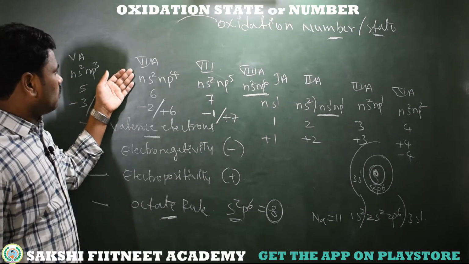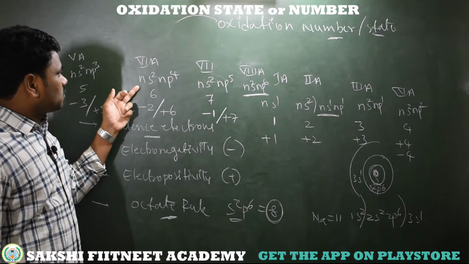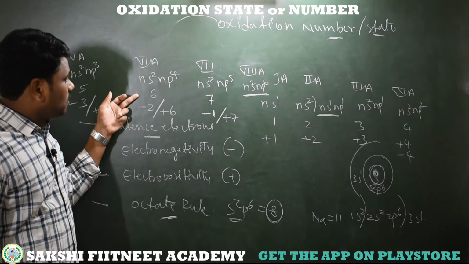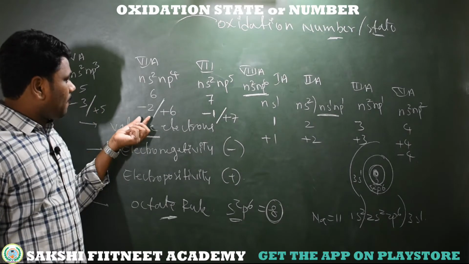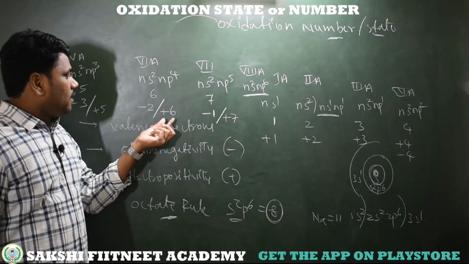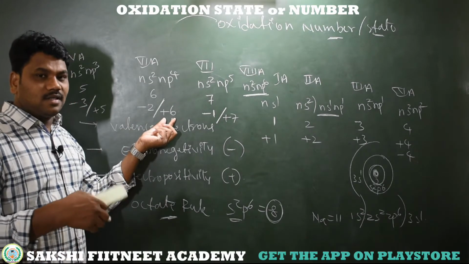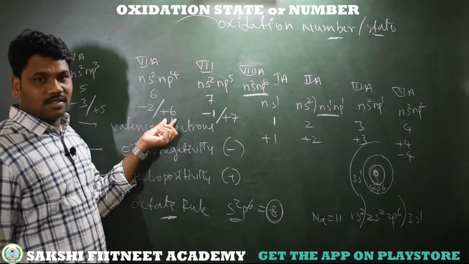Now the sixth group, ns2 np4, with 6 valence electrons and more electronegativity, can show -2, and if the element is a central atom, up to +6.